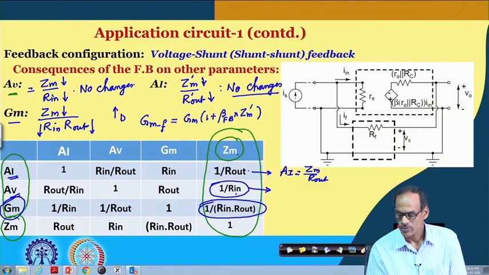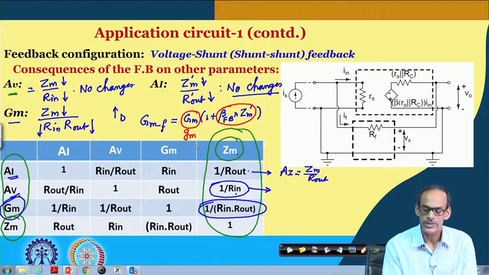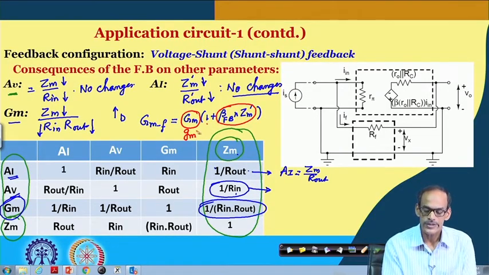And for this circuit, this Gm is the Gm of the transistor, and this entity we already have discussed. We can say it is much higher than 1, and its expression is beta into Rc, and beta Fb is 1 by Rf.